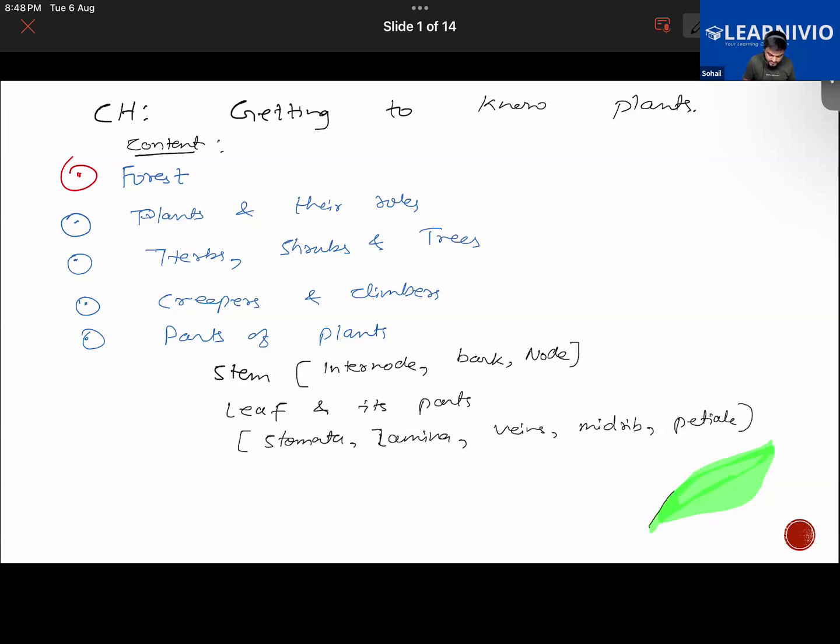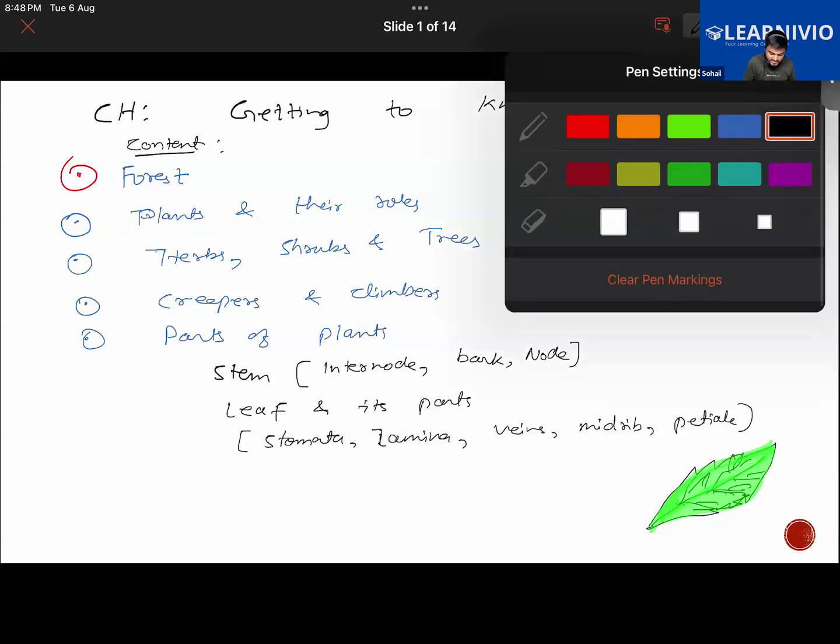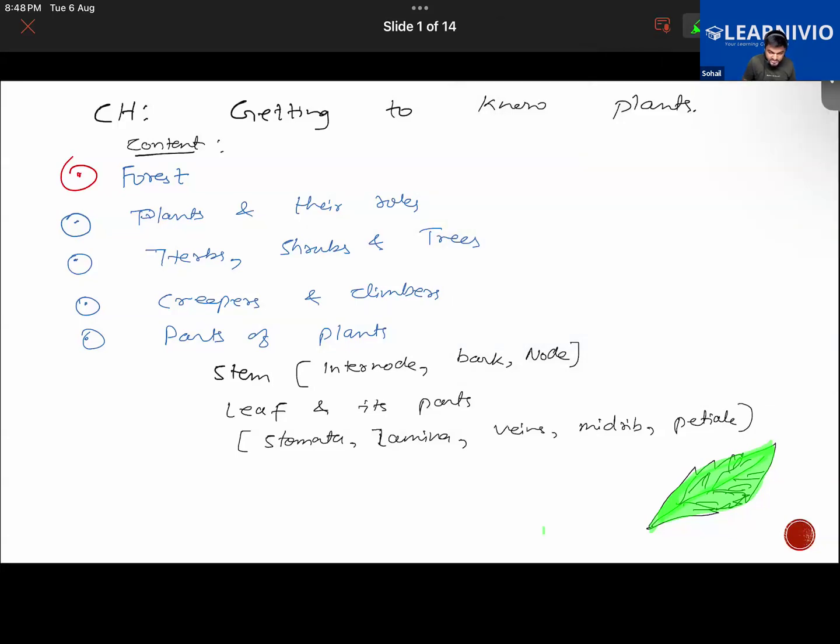For example, see, this is a leaf over here. In this, the veins would be kind of branched like this, while in some cases the leaves would be kind of like this, in which we find that veins would be running parallel to each other like this.